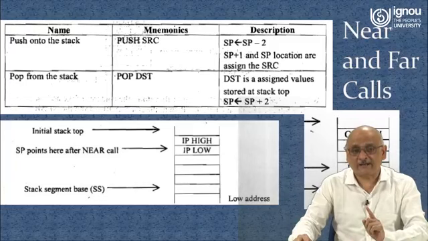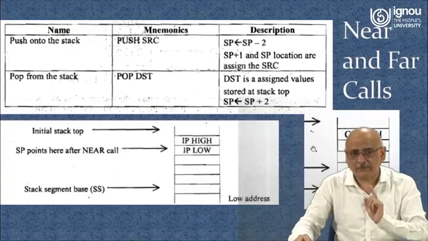Why? Because the locations are 8 bits each. So SP is decremented by 2 and is now pointing to the top of stack. Top of stack is pointed to by the SP register, be very clear.